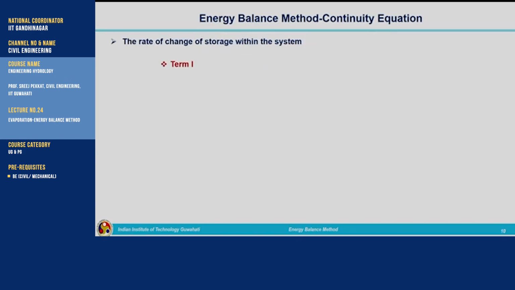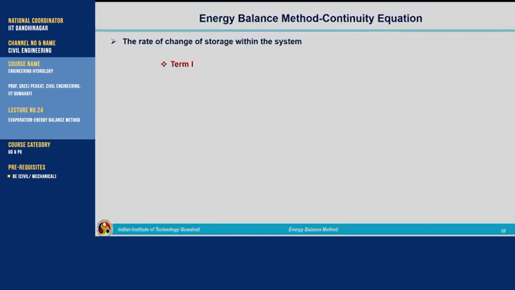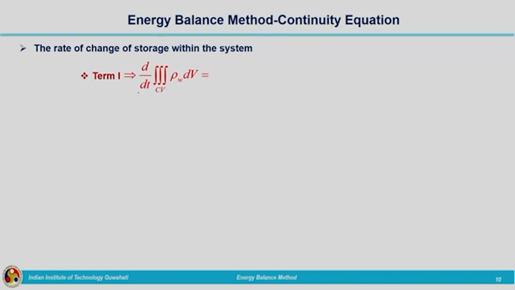Now, the rate of change of storage within the system, that is the time rate of change of extensive property stored within the system, is our term 1, and we need to find an expression for it, that is d by dt over the control volume of rho_W dV. Rho_W is a constant in this case because it is water, so we can take it out, and the volume integral of dV is the total volume.